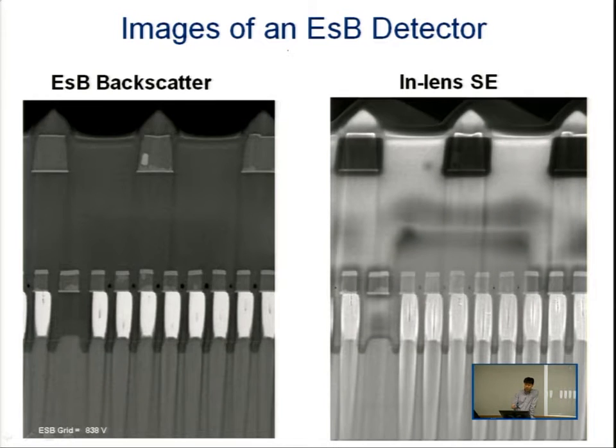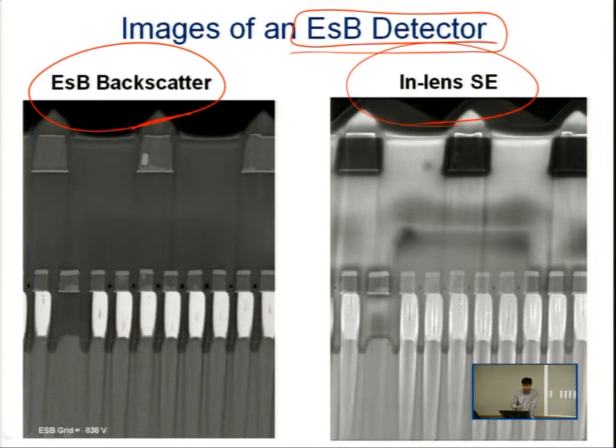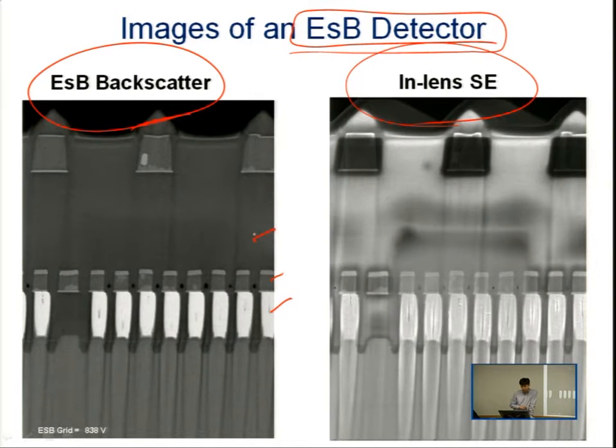So when we use this configuration of the detector, we can easily identify the different elements of the materials. Using the secondary electron images, everywhere looks pretty much the same.